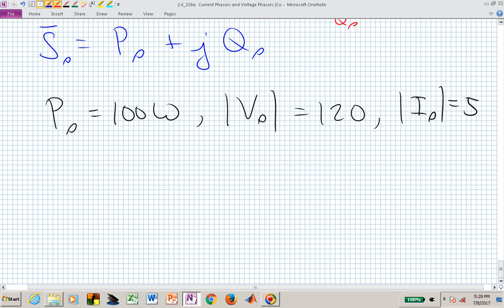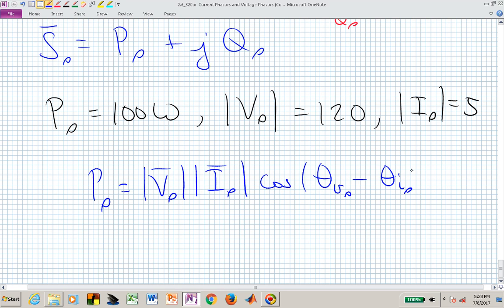We now know that P sub S is the magnitude of V sub S, magnitude of I sub S, cosine theta V sub S minus theta I sub S. And this is the power factor of the source.